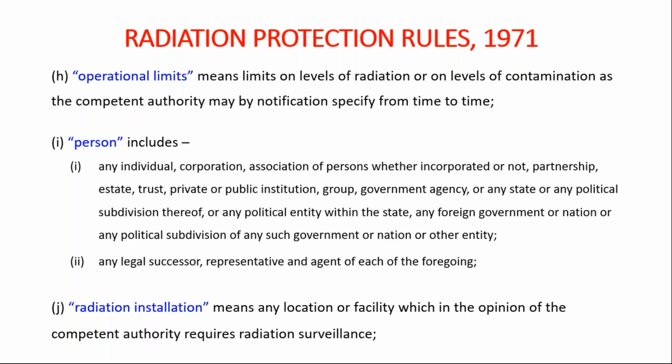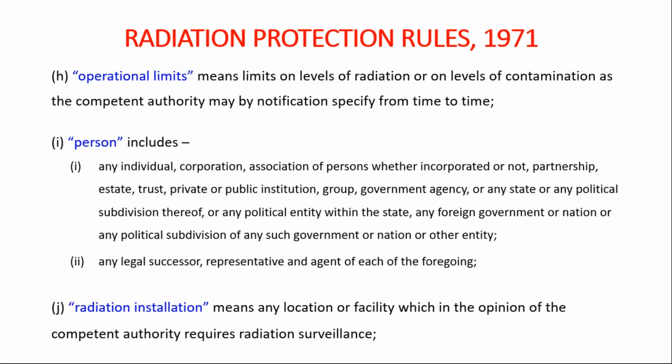Then person. The person is mainly the radiation worker. The person may be a partner in that activity, an individual, an associate, a corporate body, a public institution, a government agency, or any state or political subdivision thereof.